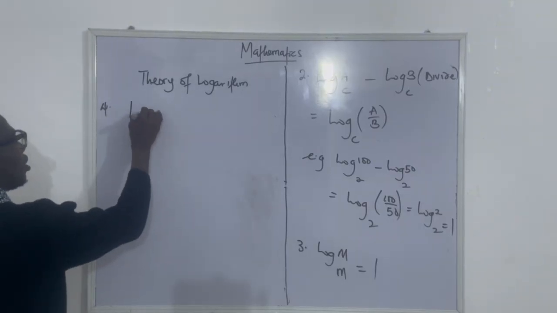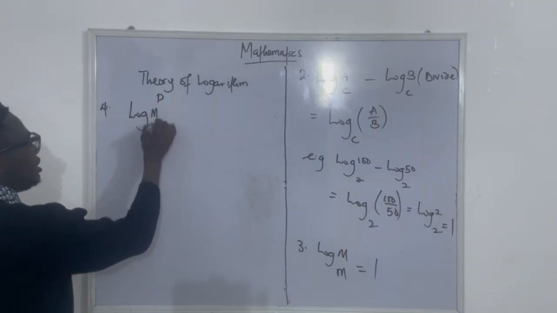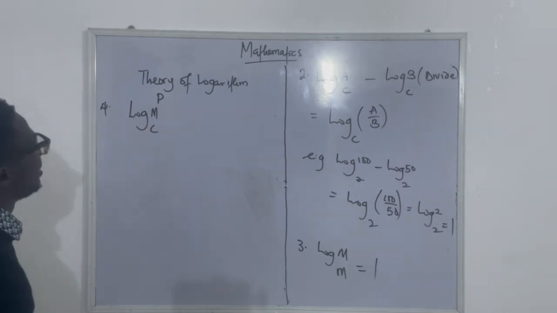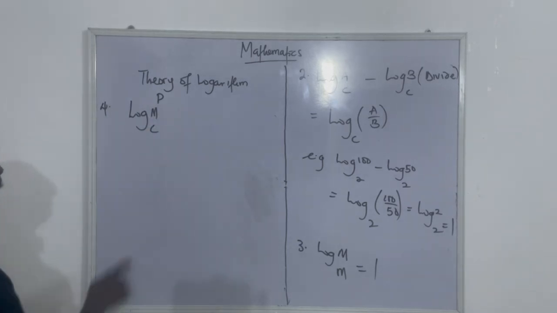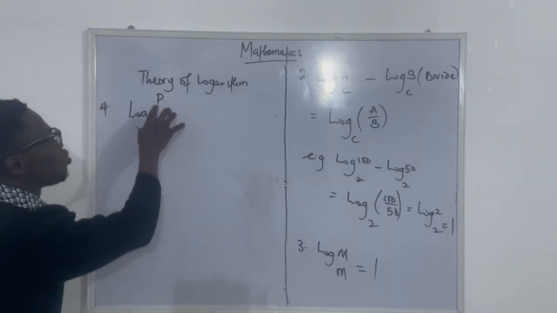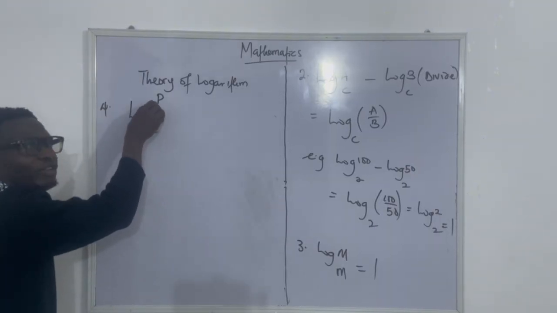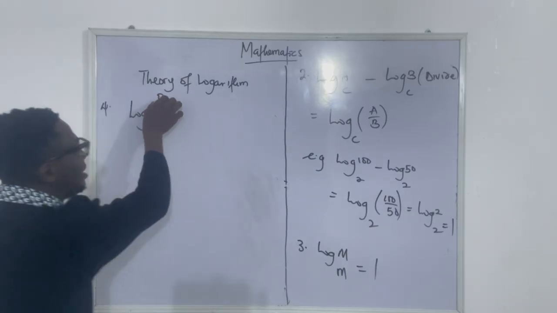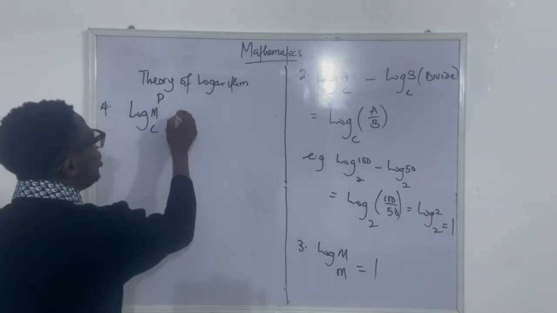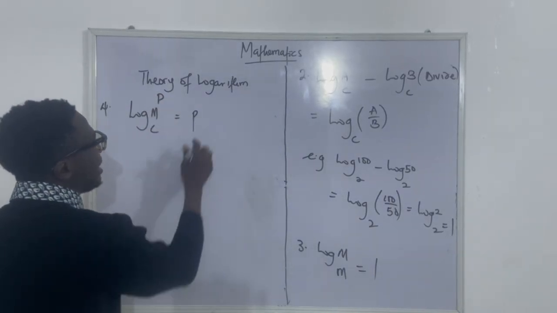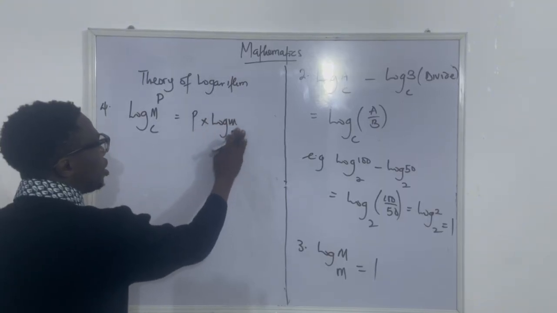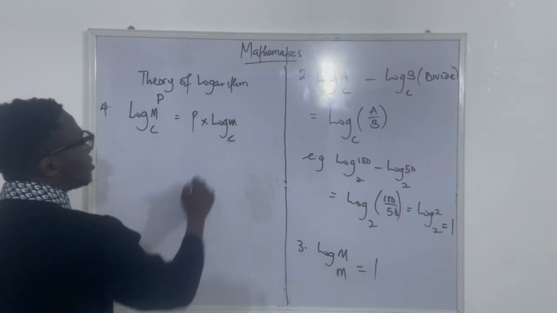Whenever I have log m raised to power p base c, it is just saying that whenever you have a log of a number expressed to a certain power, you need to bring the power to the front and multiply it with the log.